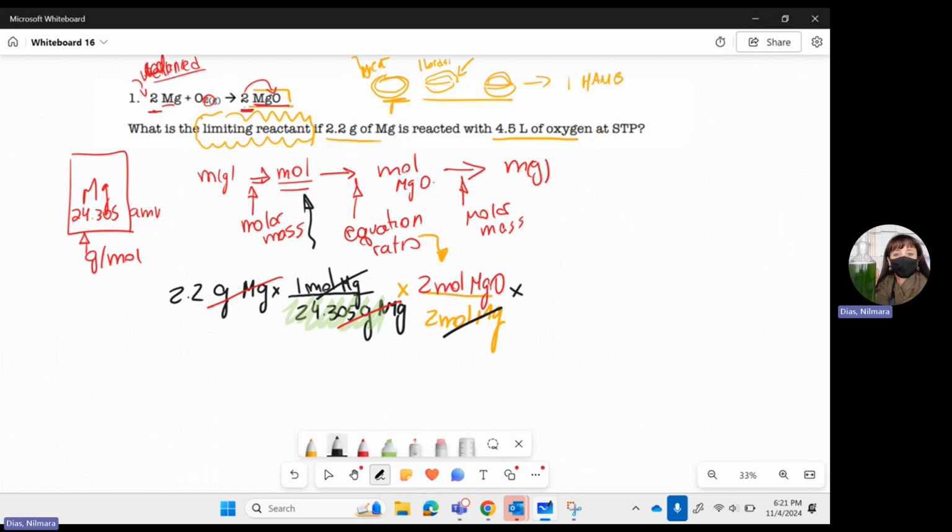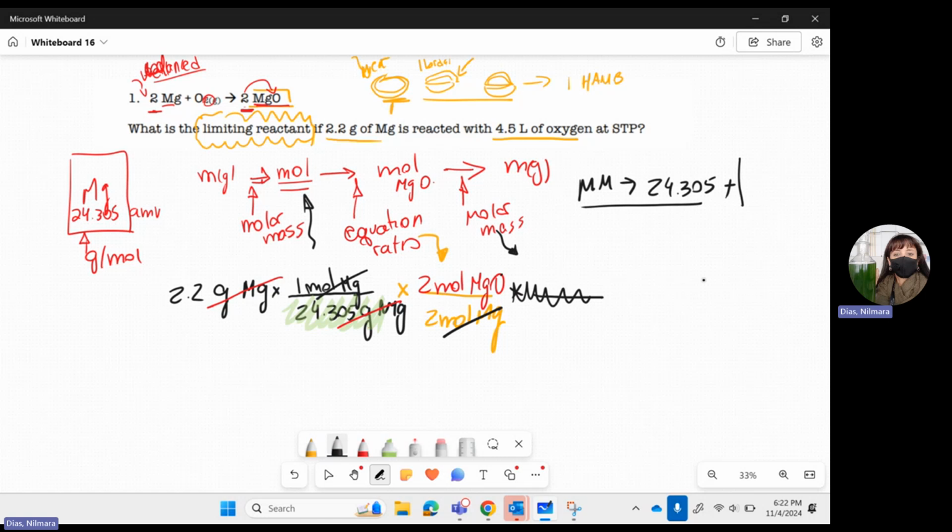Now I would need to convert this to grams, with the molar mass of magnesium oxide. But no, remember, I don't even need to convert to grams, because we will not compare grams here.